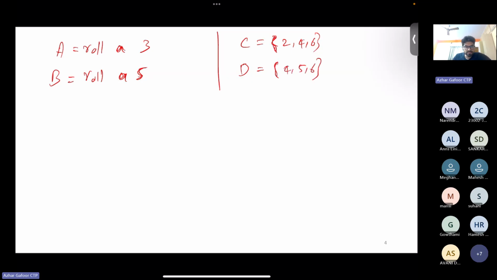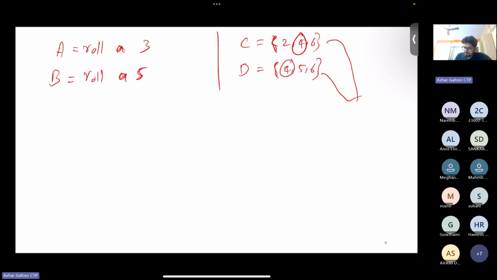If you look at these two examples, yeah, Mitesh, you have some doubt? Okay. So these are the examples C and D. C and D are two events. Let's say I got number 4. So both the events are occurring at the same time, right?